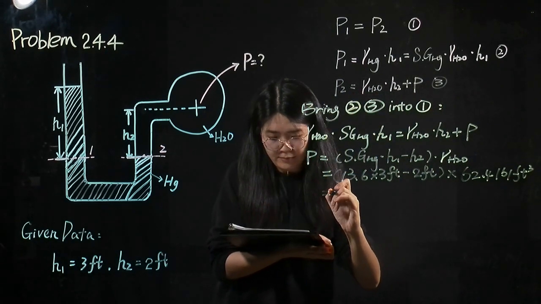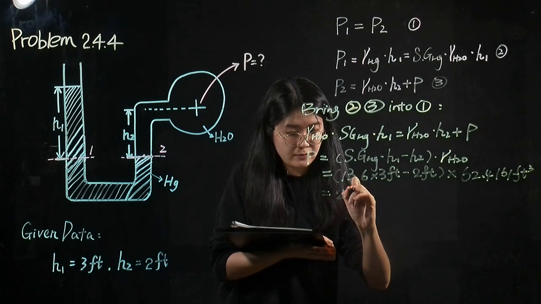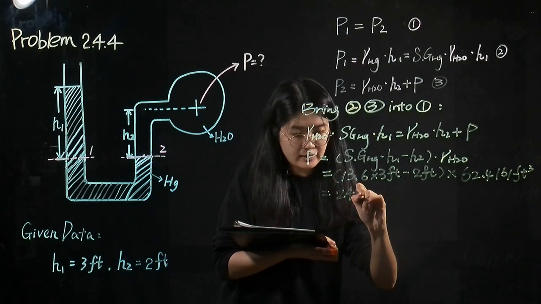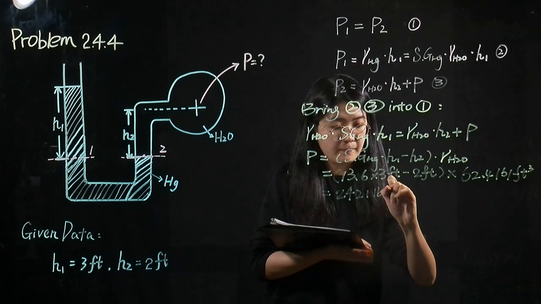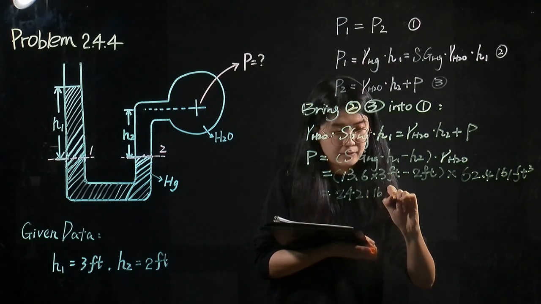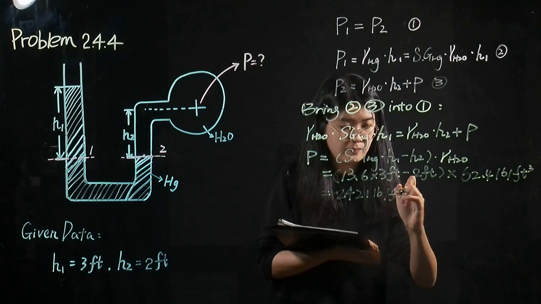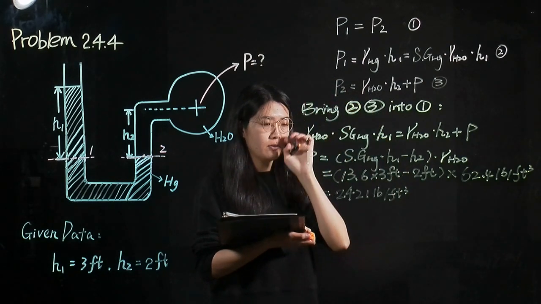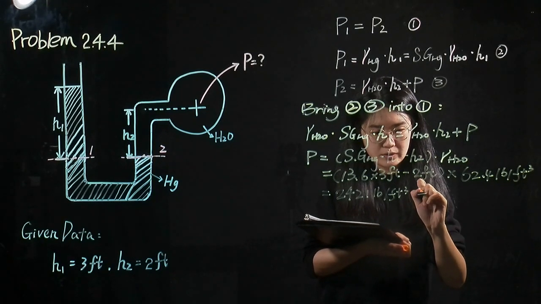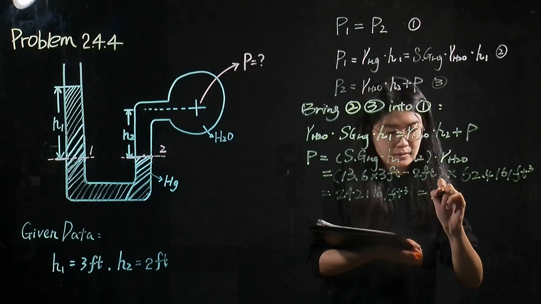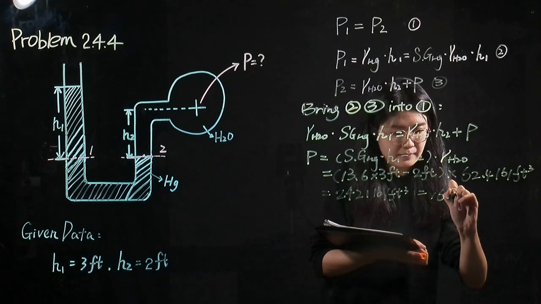Then we get a value of 2,421 pounds per square foot. And then we want to represent that in psi, which equals 16.8.